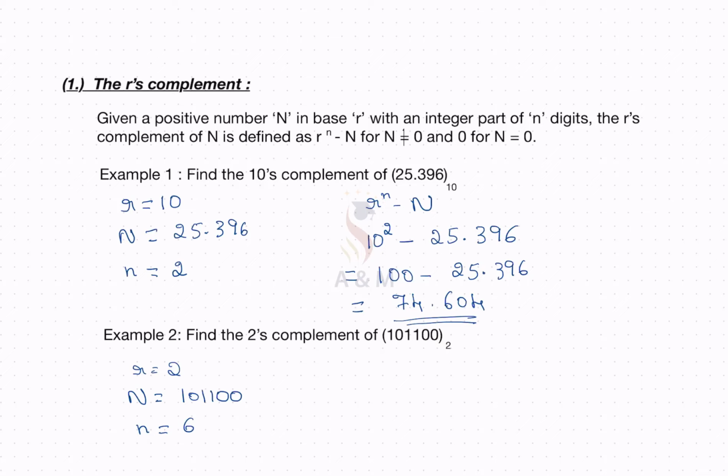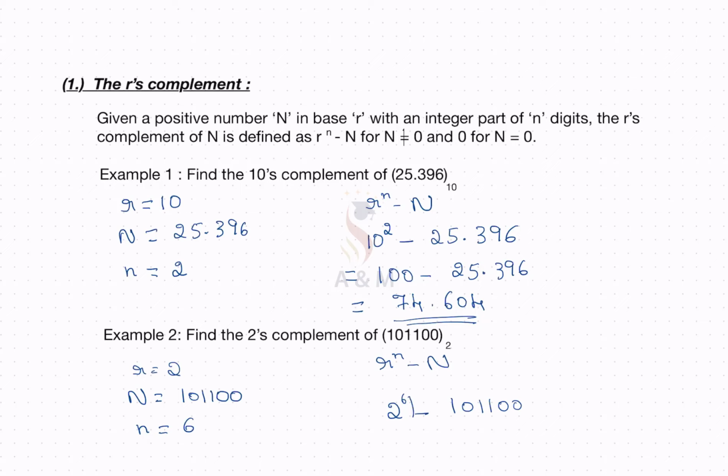Now substitute these values into the R's complement formula, that is R to the power n minus N. We get 2 to the power 6 minus 101100.